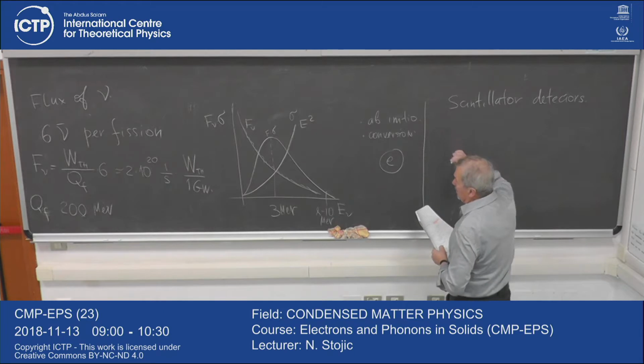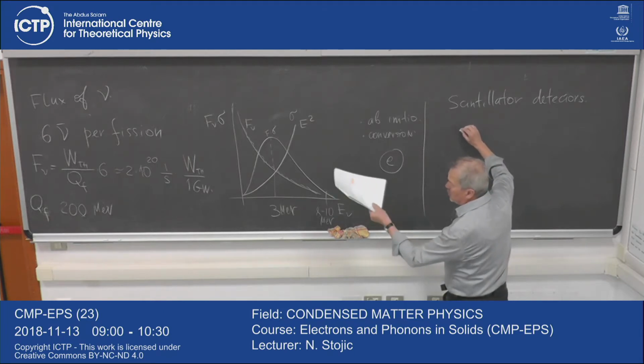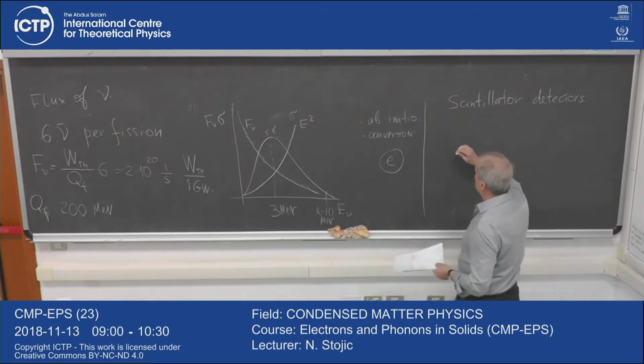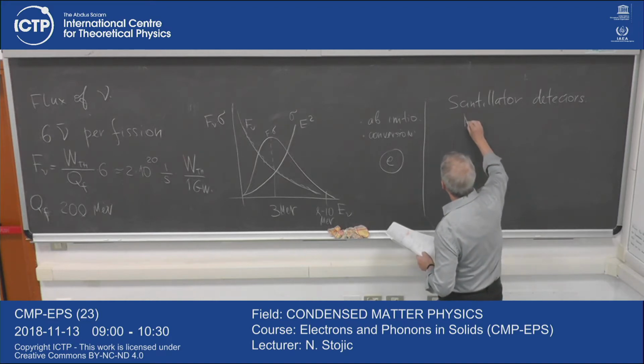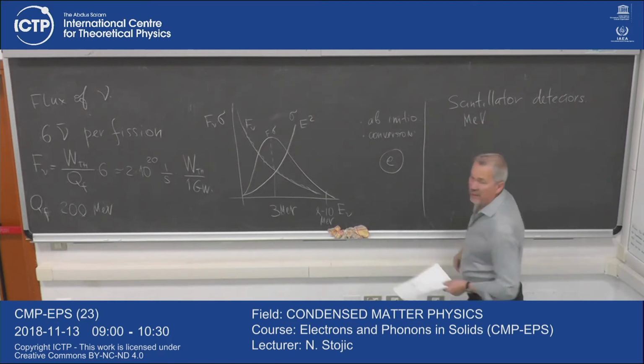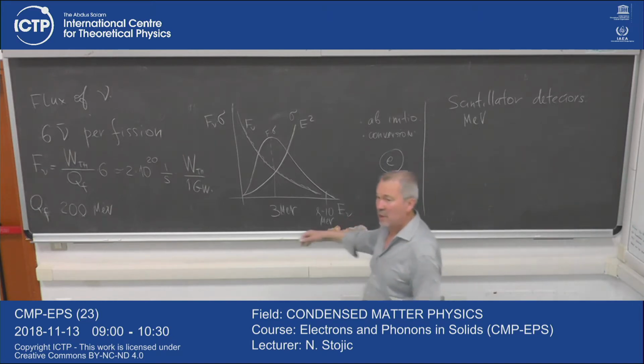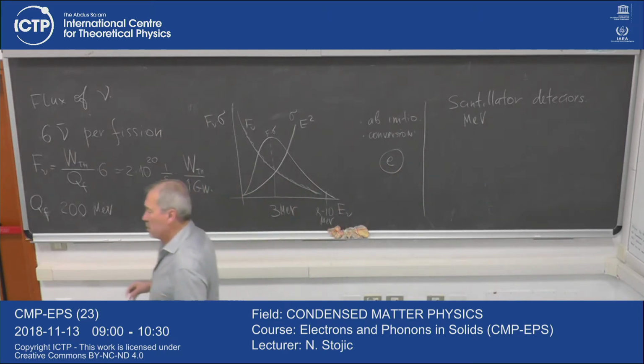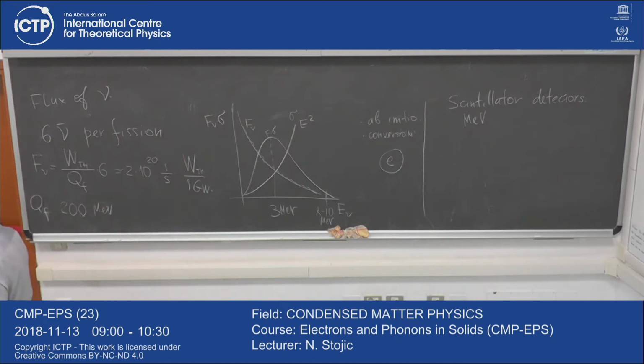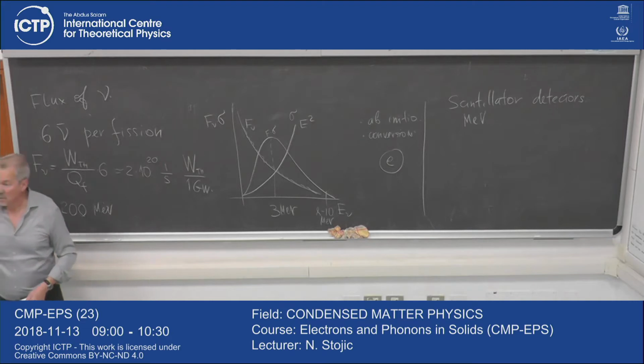The key point is that particles which we are studying, like in this case, have energies in the MeV range or even higher. So you have neutrinos with energy 3, 5 MeV. They interact with protons and produce electrons or positrons with energy around these few MeV.